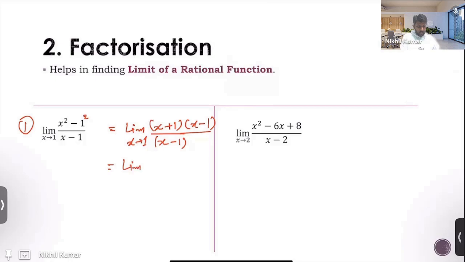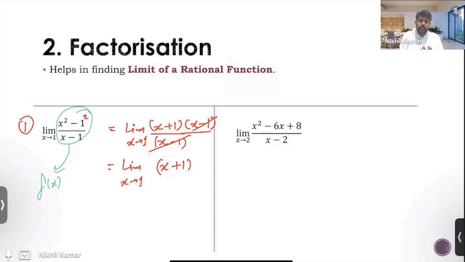What we get is limit x tending to 1, x minus 1 gets cancelled. We have x plus 1 here. So what we've done here is we had a function, let's call it f of x.